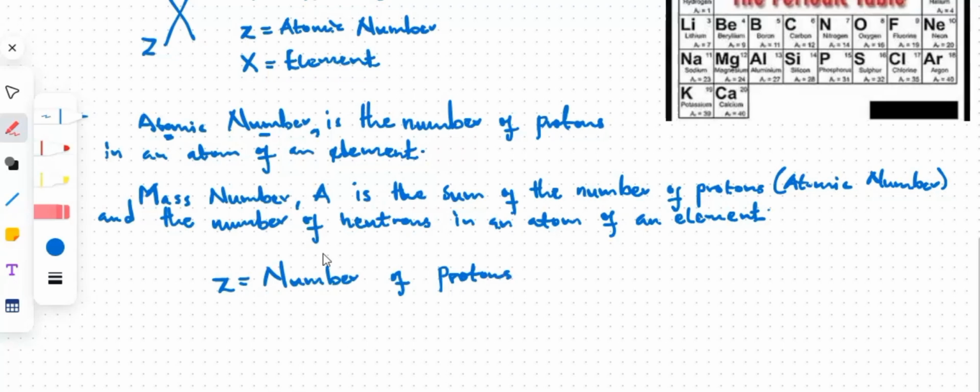And mass number A is equal to the number of protons, or atomic number, plus the number of neutrons.